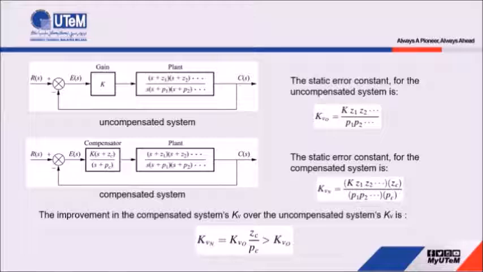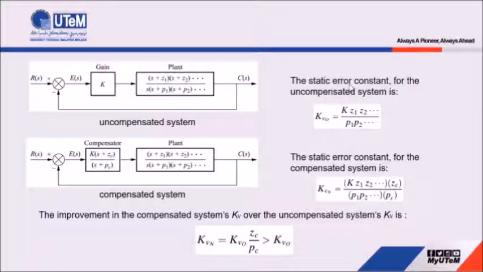The procedure to design the lag compensator starts with determining the static error constant for the uncompensated system. For the uncompensated system, we just assume the closed loop system with gain k here. When we put in the controller, the compensator becomes k (s plus zc) over (s plus pc). The uncompensated system means without this lag compensator.